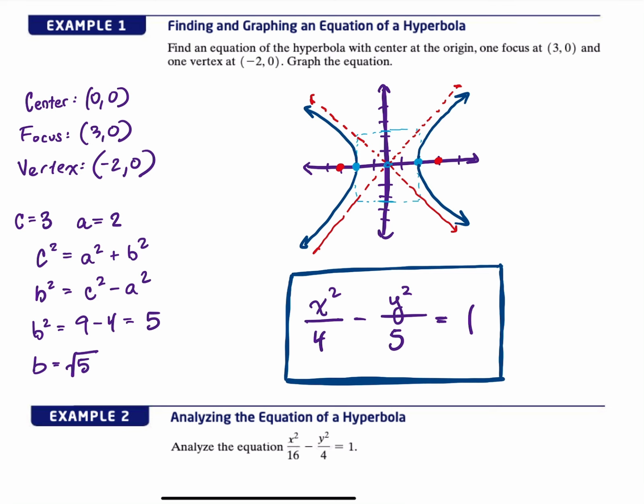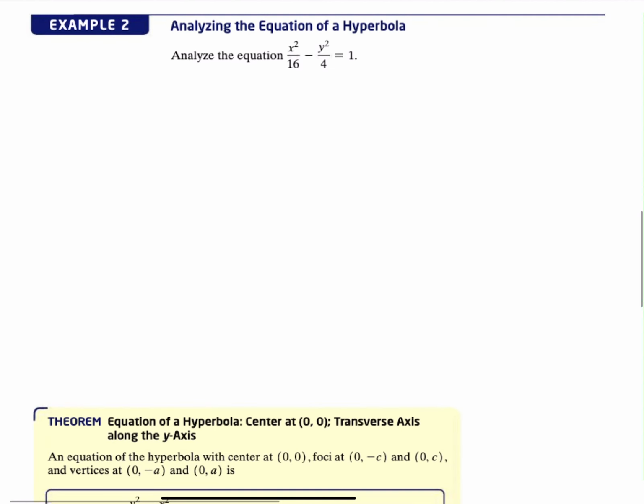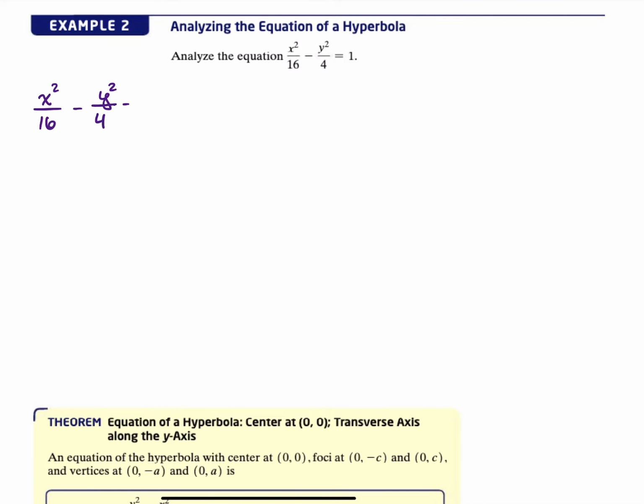All right, let's now start with an equation and figure out all of its attributes and plot the graph. So here we're starting with x squared over 16 minus y squared over 4 is equal to 1. I don't see anything added or subtracted to our x or y variables, so that tells us that the center is at the origin.